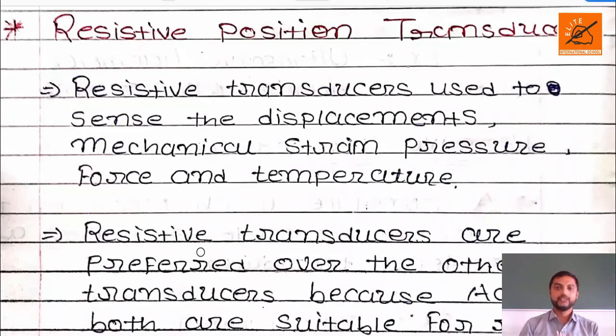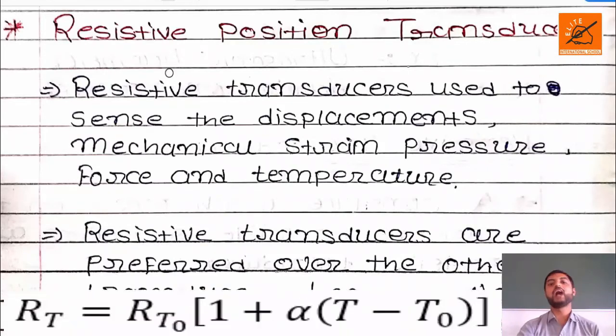If yes, then your answer is correct, because whenever you change the temperature, there is a simple formula: R_t equals R_0 (1 + alpha t).